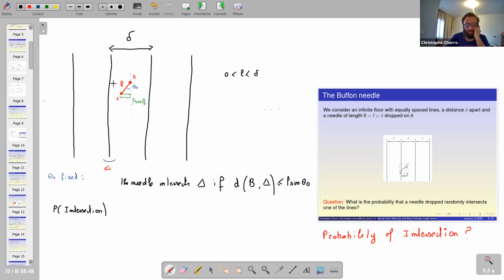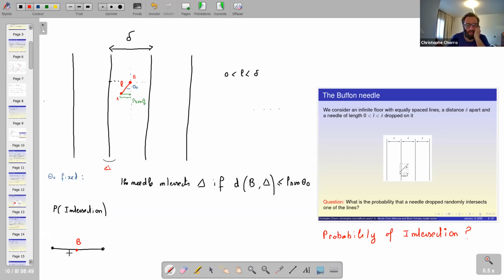So if I do a picture of this line here, I have B on this line, and I need to have a distance between B and this point that is less than L sine theta 0 if I want to intersect.